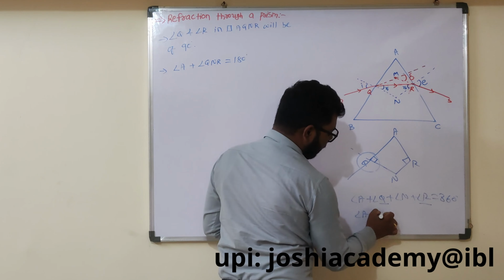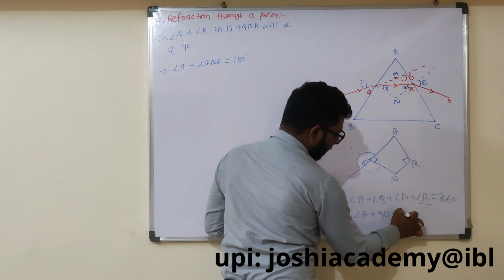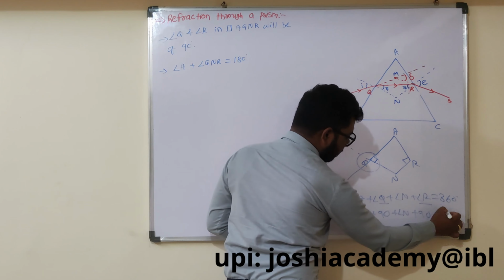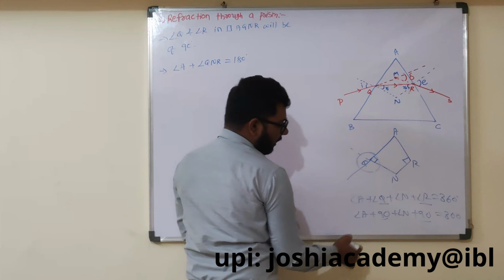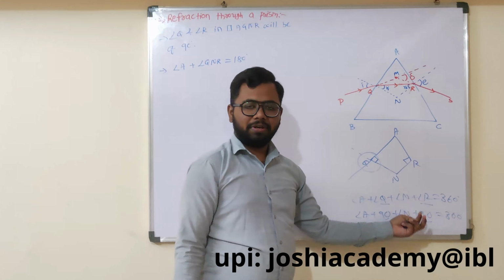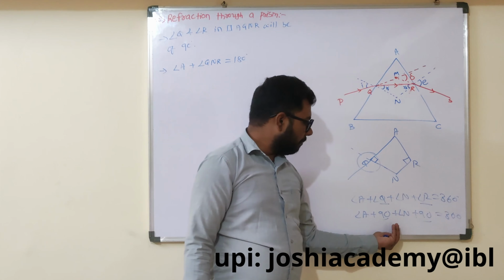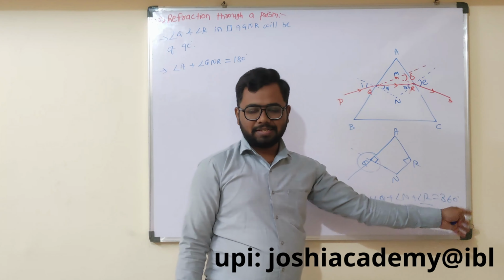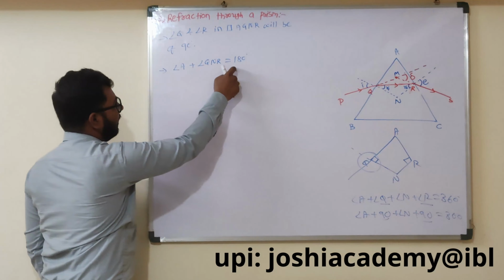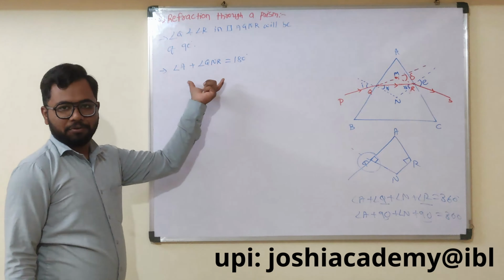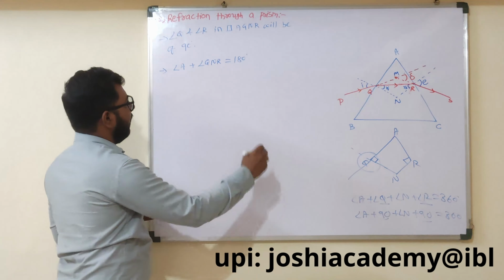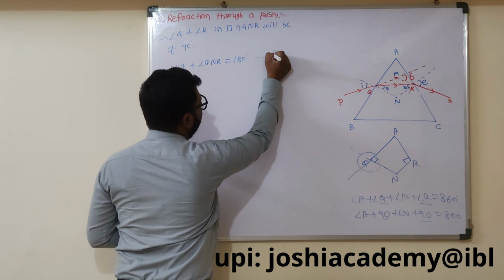So angle A plus 90 plus N plus 90 is equal to 360. This will sum up to 180, and if we move this 180 to the other side, then 360 minus 180 will give us nothing but 180. So that is the direct equation that we have written over here, and let it be equation number 1.